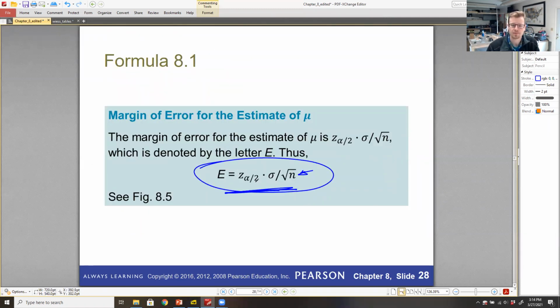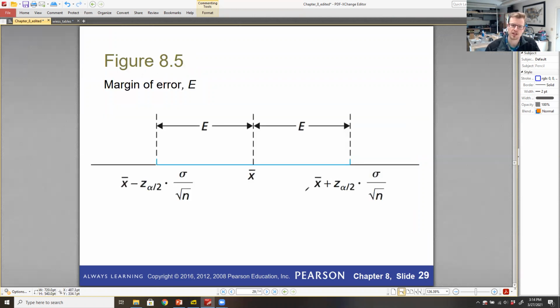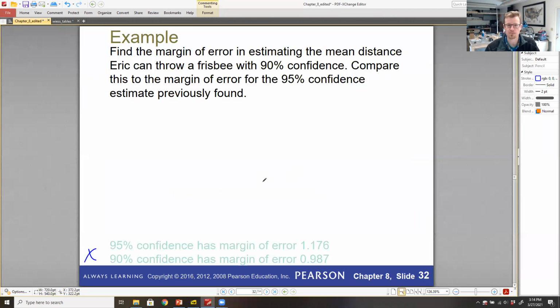They're right here. If we increase our confidence, the z-value is going to get bigger, so it's increasing our error. If we increase the sample size, then this fraction has a larger denominator, making its overall value smaller, decreasing our error. So we should see those relationships, and we'll investigate those in a couple of examples.